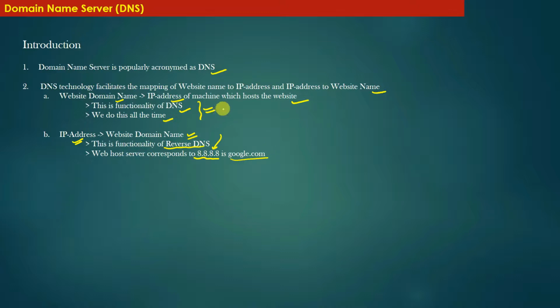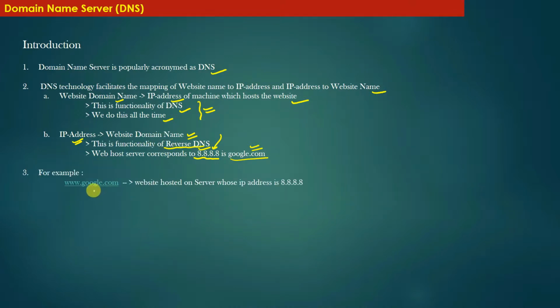Whereas in point A, if I ask you what is the IP address of google.com, you will say the IP address of the server machine which hosts google.com is 8.8.8.8. So this is the primary function of the domain name system. I hope it is clear that the function of the DNS system is to map the website domain name to an IP address, whereas the function of the reverse DNS system is to map the IP address to the website domain name.